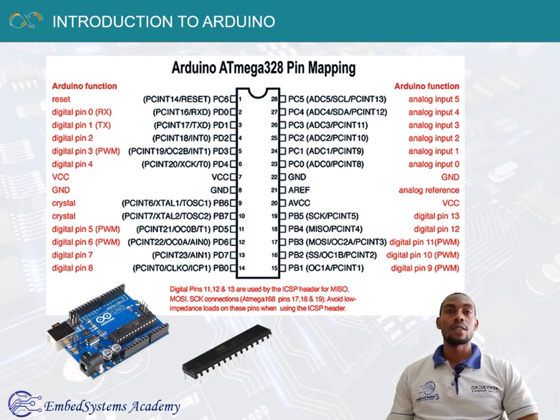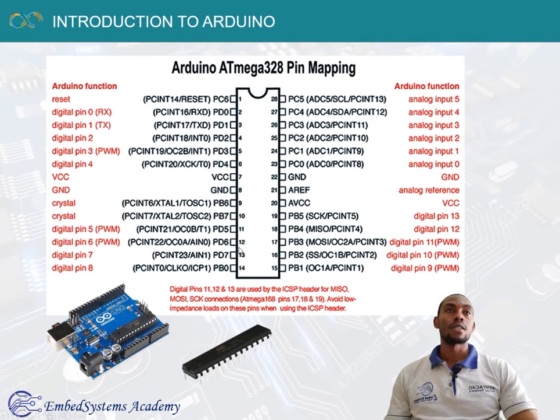As I said, whatever is on the microcontroller is this chip called Atmega 328P. So what Arduino did is to map these pins to what Arduino uses, like the function that you see on the Arduino board.